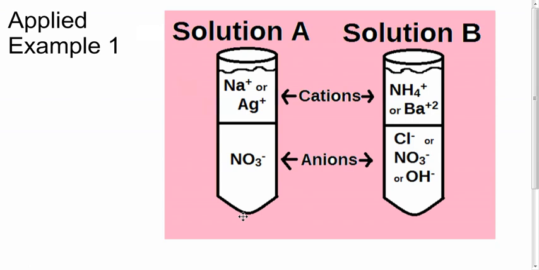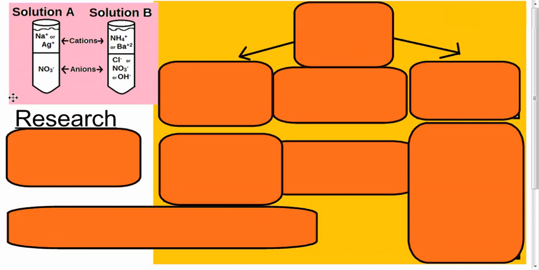Now, when it gets to the research, you're going to want to compare the solubility of these cations with these anions. If you remember, nitrate's one of our potential anions.